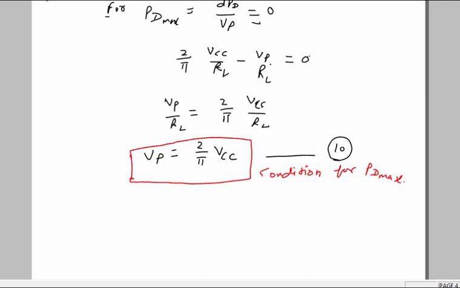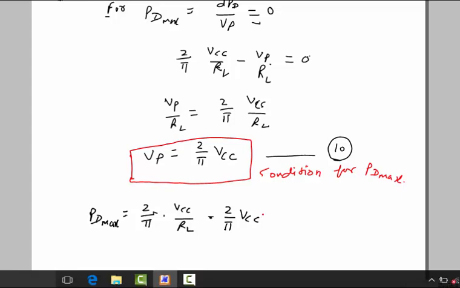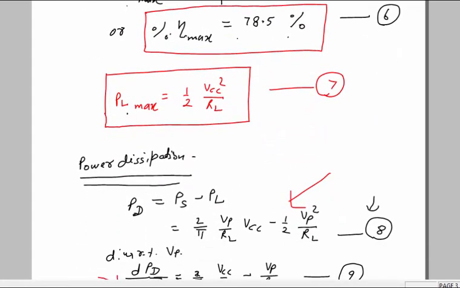When we substitute, we get PD max equals 2 by pi into Vcc by RL, and then we had a Vp, so 2 by pi Vcc. We already have this here. This is 2 by pi Vp by RL Vcc.